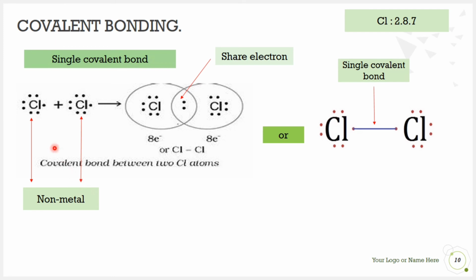So Cl needs to share one valence electron with another Cl to become more stable. This reaction happens between a non-metal atom and a non-metal atom.